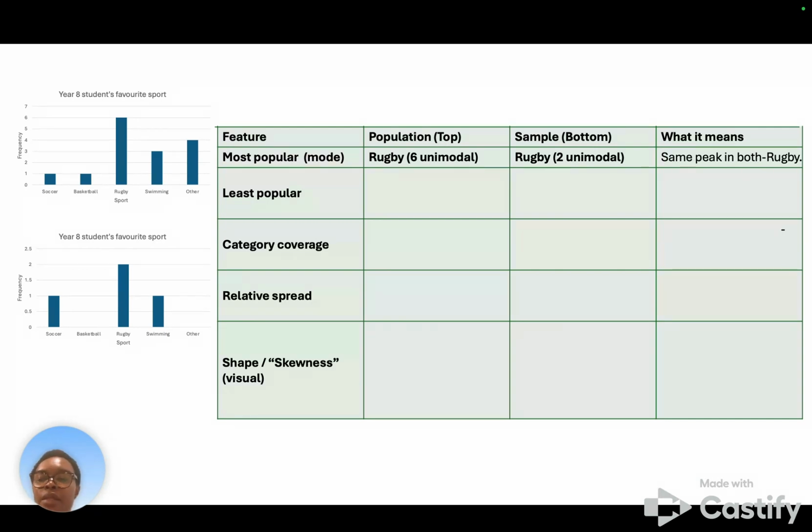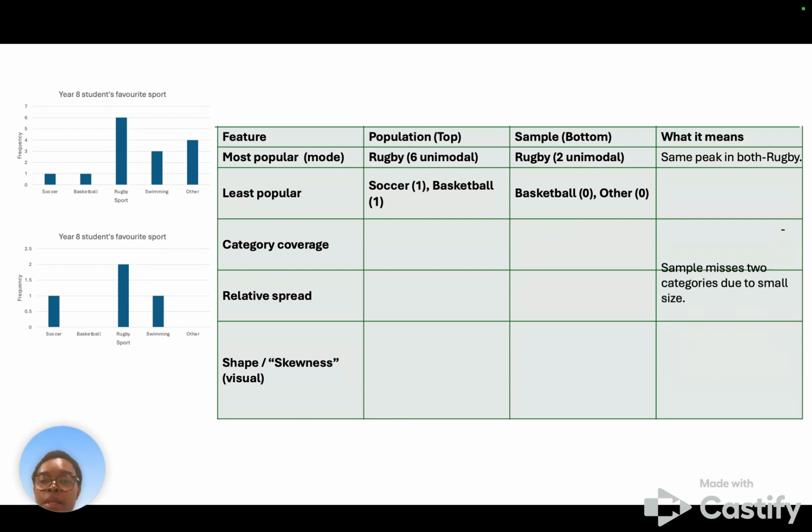Now looking at the least popular for the top graph consists of the soccer and basketball. So both categories of sports have a frequency of 1. Okay, and in the bottom graph, which is a sample graph, the least popular is basketball. Basketball has 0 frequency and other has 0 frequency. Okay, so what does this mean?